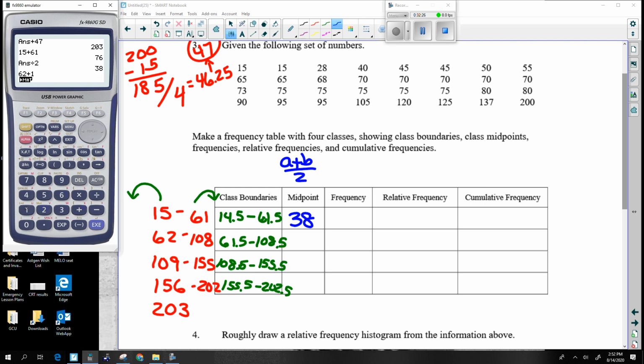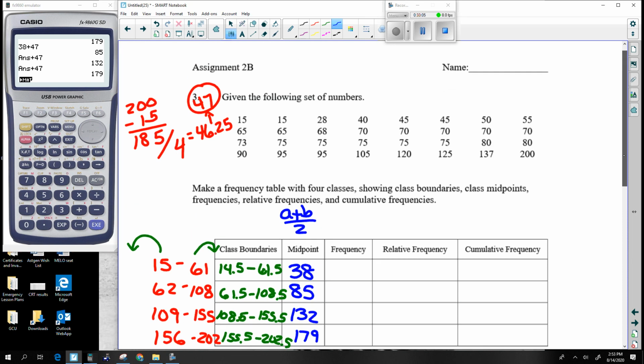All right, so 62 and 108, 109 and 155, 156 and 202. And again, these numbers should differ by the magic number itself. So for instance, 38 plus 47 plus 47 plus 47. You're getting the midpoints as you go along. If you can find the first one, you can use the magic number.